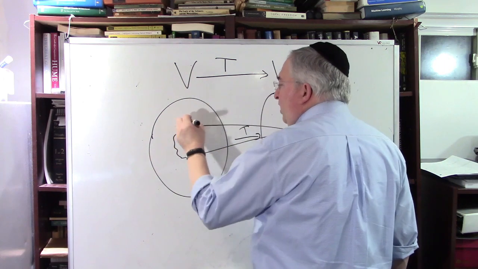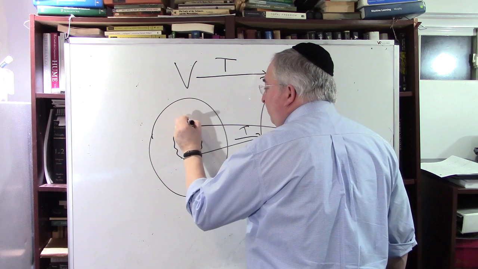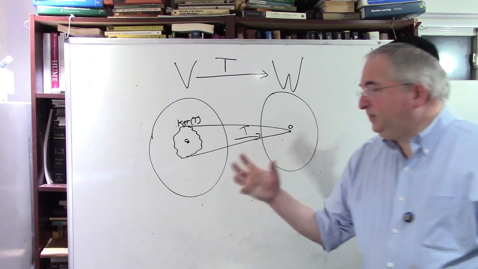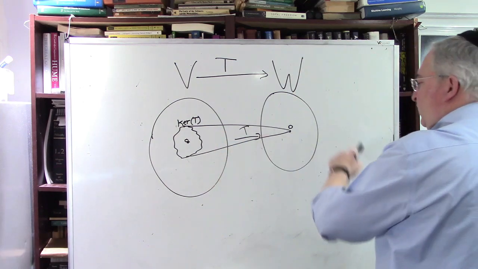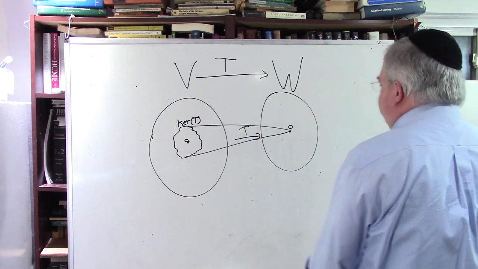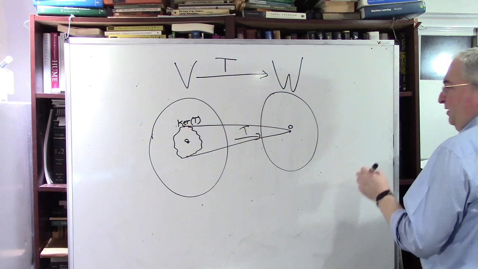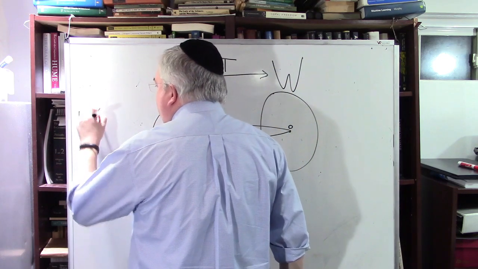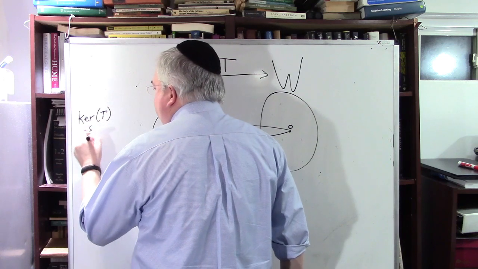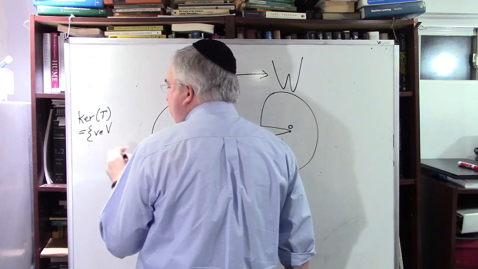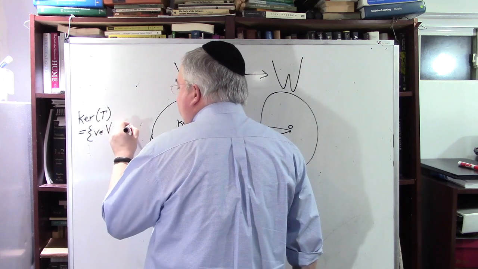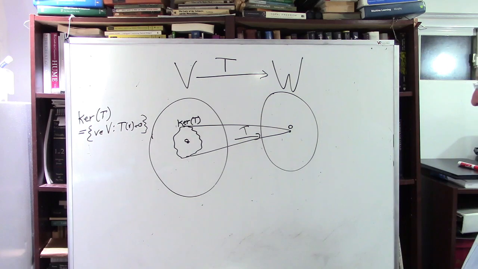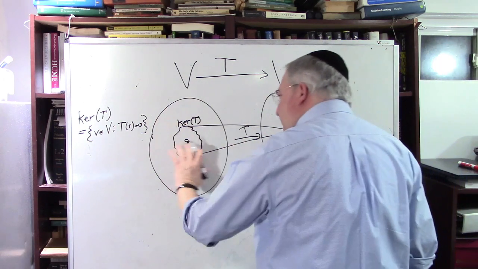The whole thing is V, but there's going to be a subset of V called the kernel of T. Let's formally write it: the kernel of T is equal to those v a member of V such that T of v equals 0. That takes care of that. So that's a subset of V.